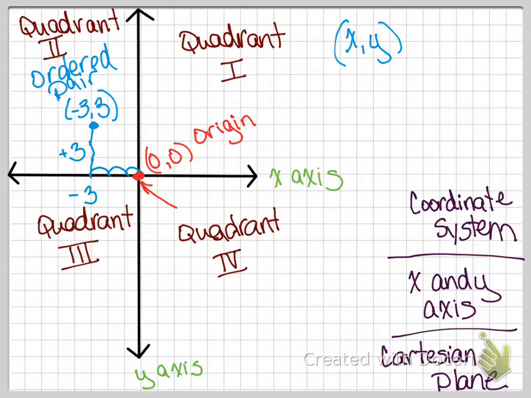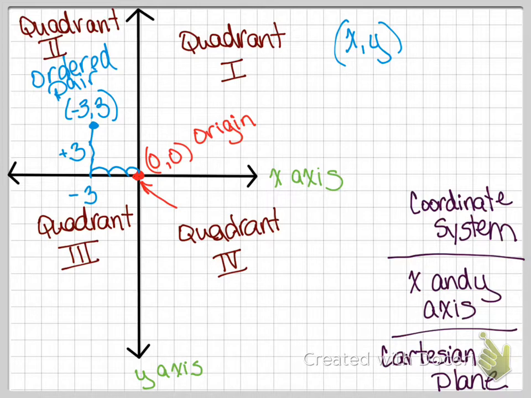Okay. So we've got our origin. We've got an ordered pair. That's probably the most important take-home, is how to read ordered pairs. So if I am looking at my x-axis, if I go to the right on my x-axis, those are positive numbers. At the end of this arrow, that's positive infinity.